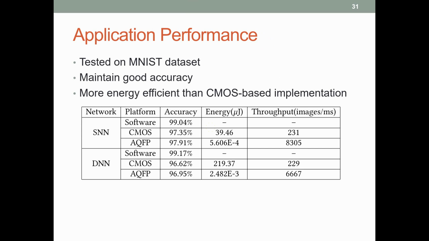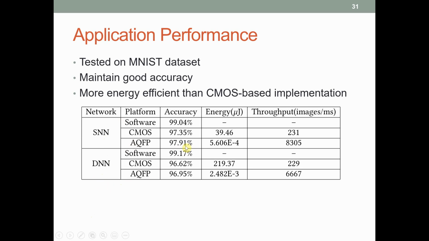We can see the results in the application. This is tested on MNIST, but we have also successfully tested on CIFAR. We have implemented one fully connected network that resembles a spiking neural network, and also a convolutional network, which is a deep neural network.